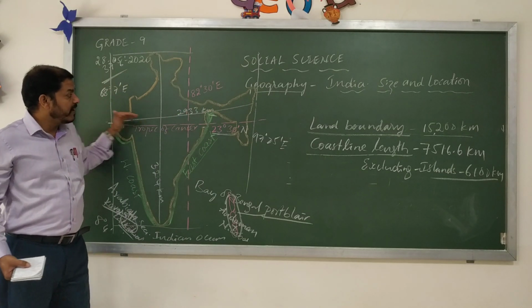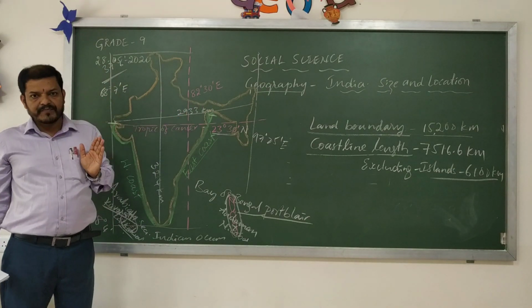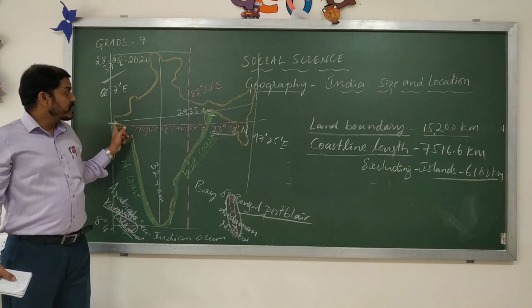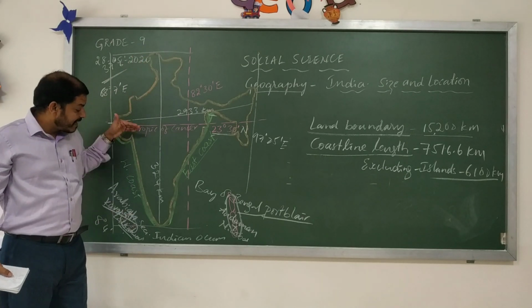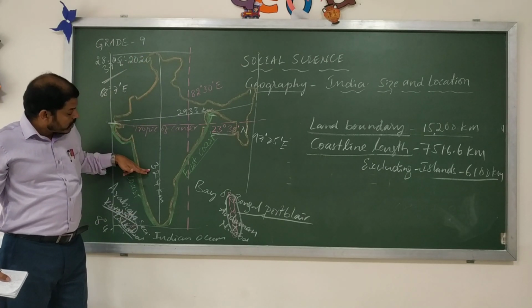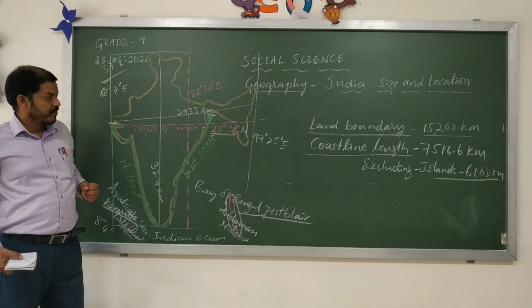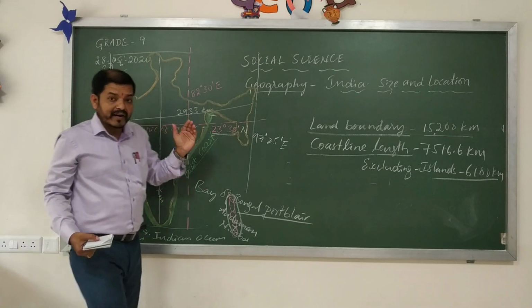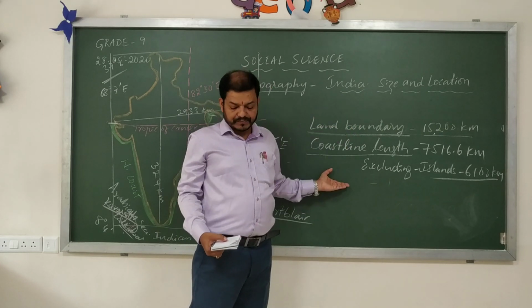Its total width is 2,933 kilometers from west to east, and north to south its length, or height, is 3,214 kilometers. Okay, this is the basic information about our country, our motherland, its size and its location.